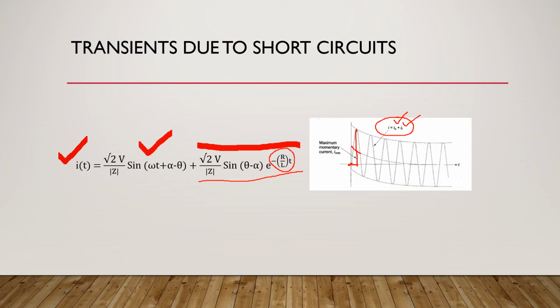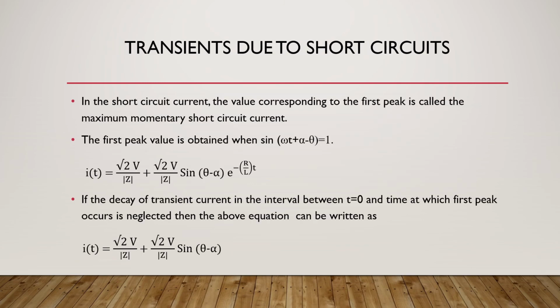We need to discuss this point: that is the maximum momentary current, IMM. The first peak value of your fault current is nothing but your maximum momentary current. The same thing can be observed here. The value corresponding to the first peak in the short circuit current is called the maximum momentary short circuit current that we have seen in the previous slide.